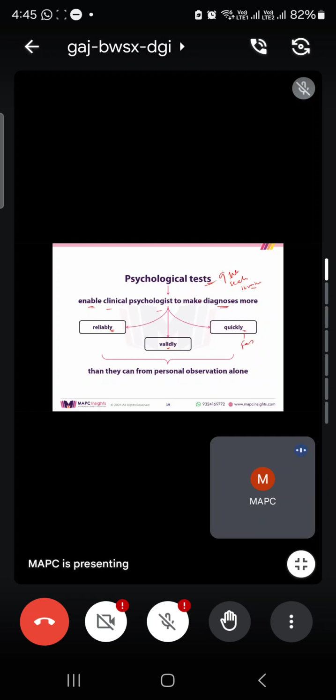They are fast, they are reliable, you can trust them, and they are valid, meaning they are correct, as compared to personal observation and other methods. So psychological tests are widely used because they are trustworthy, correct, and faster as compared to other methods.